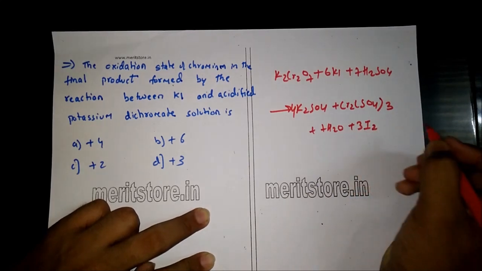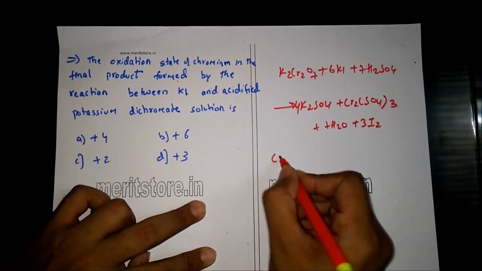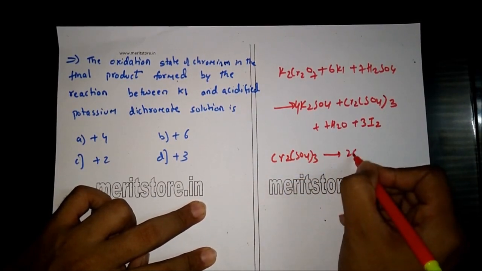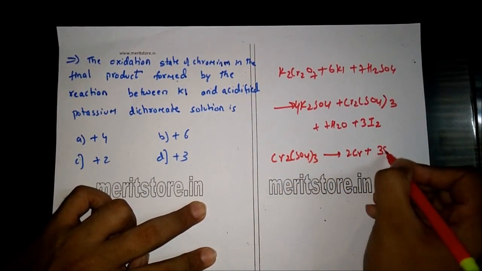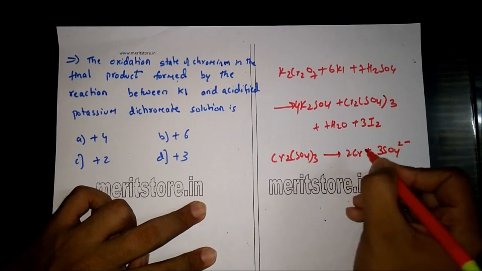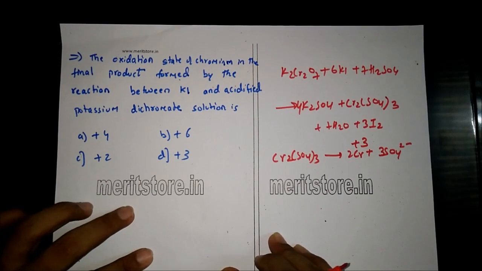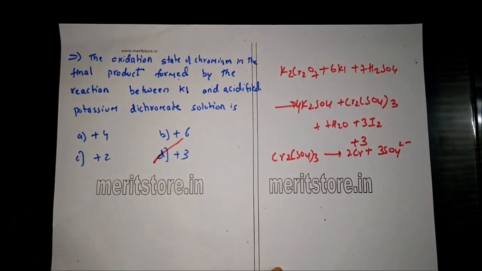Now we need to find the oxidation state of chromium. Cr2(SO4)3 decomposes to form 2Cr3+ plus 3SO4 2 minus. Therefore, chromium here has an oxidation state of plus 3. And here the correct answer is option D.